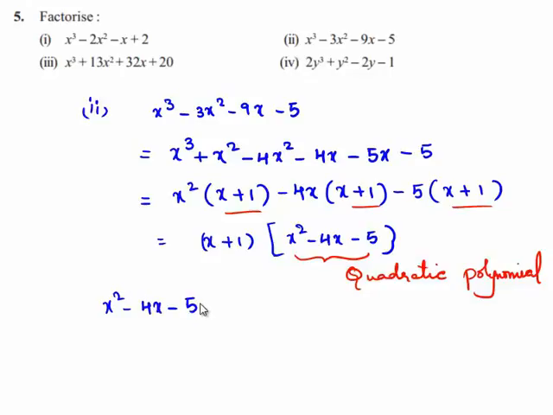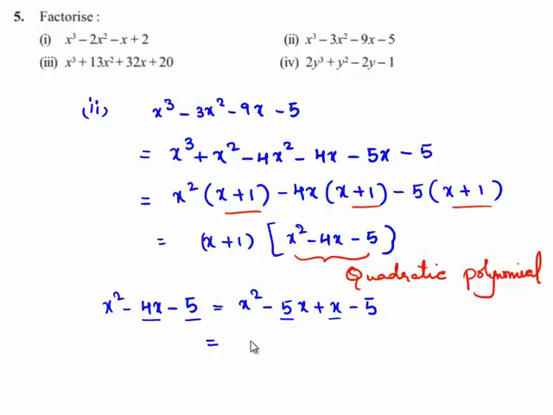So this is equal to x square minus 5x plus x minus 5. This is because we need two integers such that the sum must be equal to minus 4 and the product must be equal to minus 5. So minus 5x plus x is minus 4x and the product is also minus 5 times of 1 is minus 5.